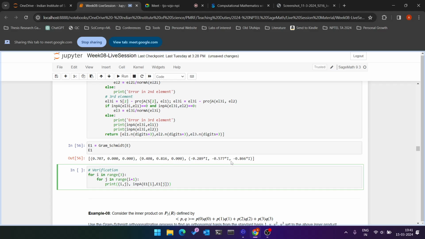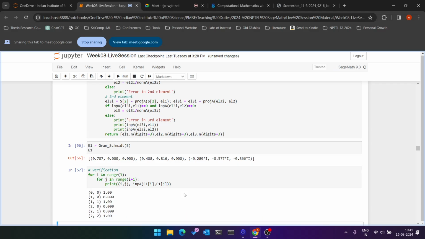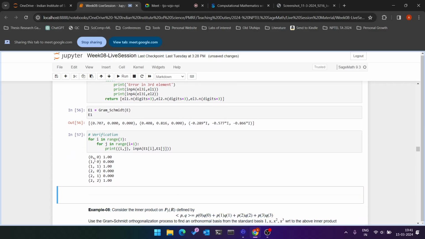If this is indeed an orthonormal basis, the inner product of each vector with itself should be 1, and the inner product of any two distinct vectors should vanish to 0. We have already incorporated a check, but just to verify: the inner product of each element with respect to itself is 1, and whereas any two distinct elements, the inner product simply goes to 0.